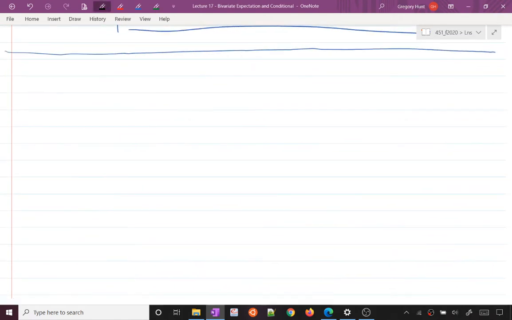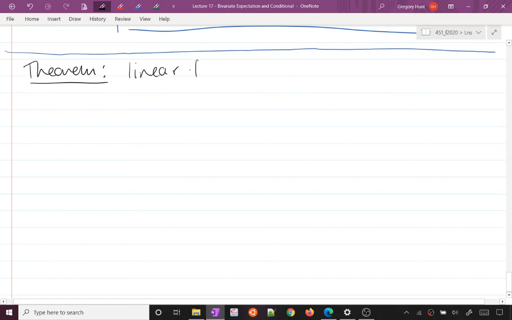And we can also derive a theorem about linear transformations of correlation. It turns out correlation doesn't care about linear relationships.